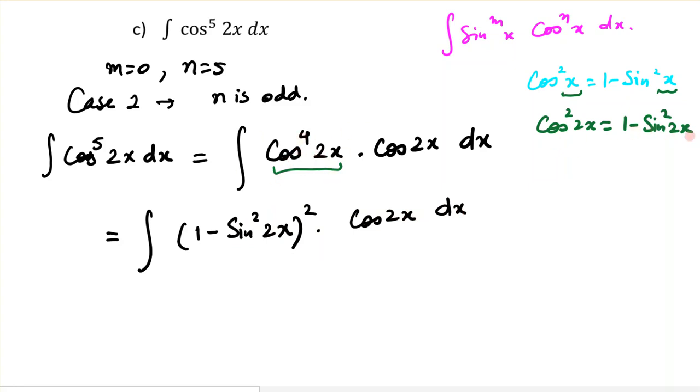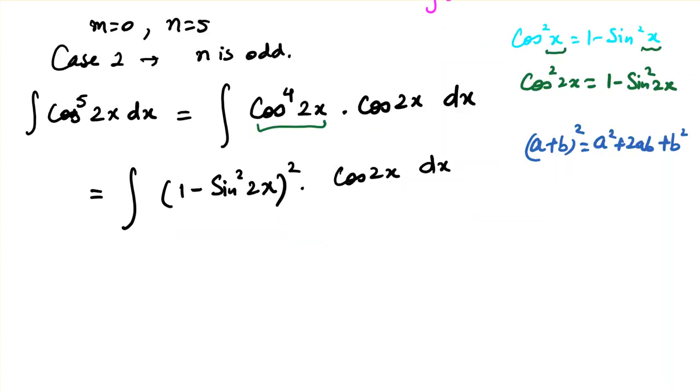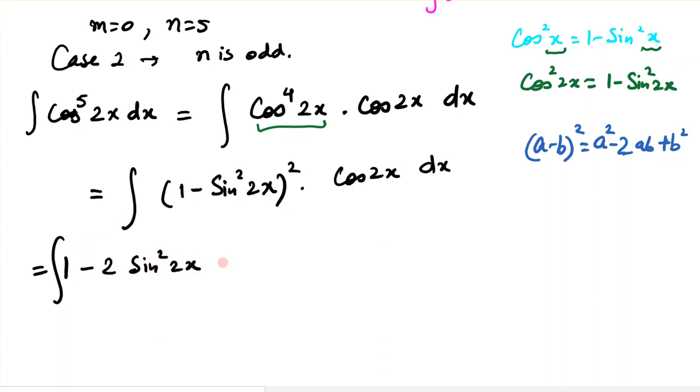So that's why we plugged in the value and then we did the square of the whole thing. Now here this is a perfect square, so we can use the expansion of a square. That would be first term square, so 1 square, minus 2 times sine square 2x, plus the square of the last term, which would be sine raised to power 4 of 2x, and we have cosine 2x outside, dx.